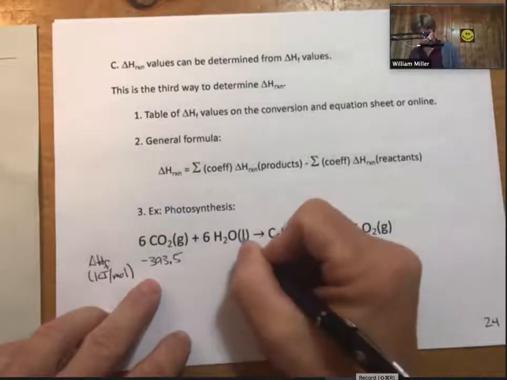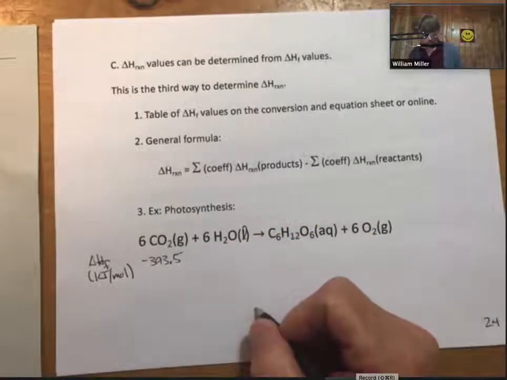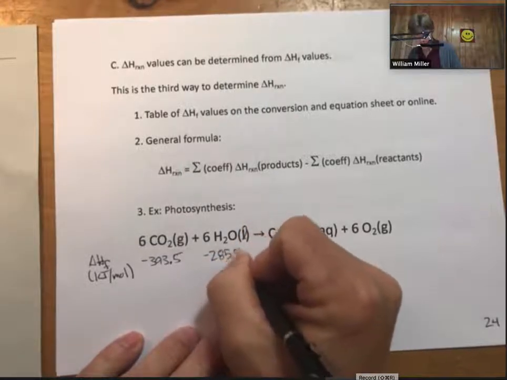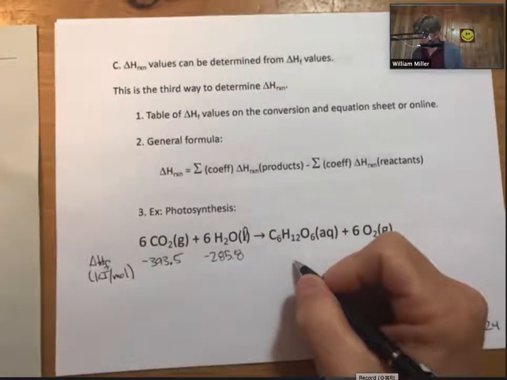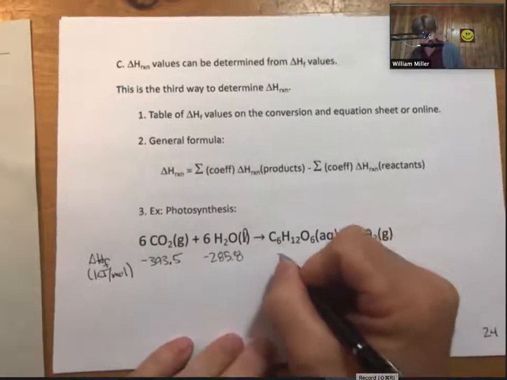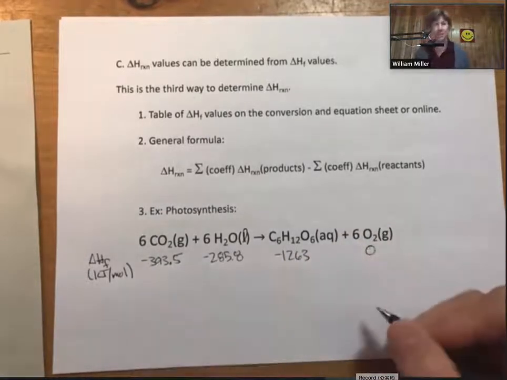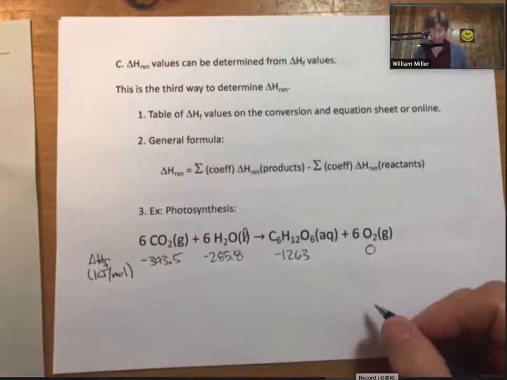For H2O liquid, that's an L, H2O liquid, minus 285.8. Aqueous C6H12O6, minus 1263. And oxygen, simply 0. You can look it up or you can know that is the lowest energy state.